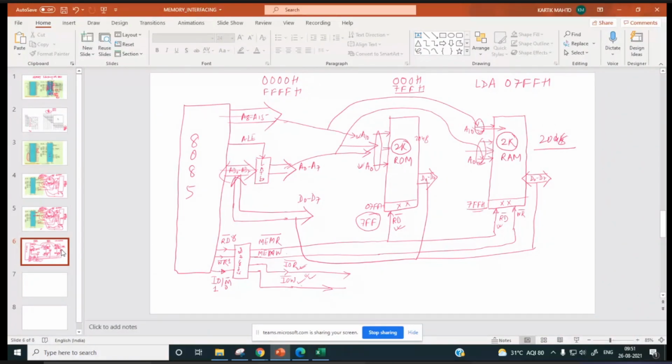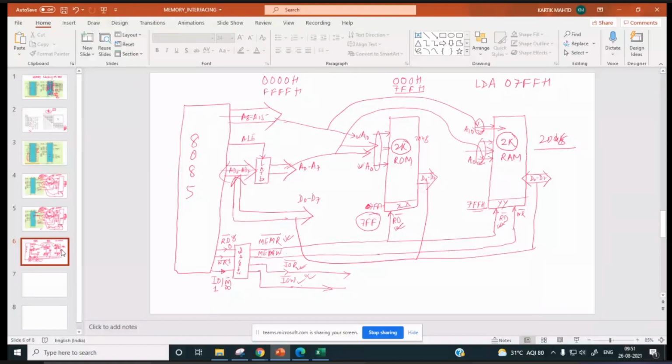Now, a processor wants to read the data from memory, so it will make read bar low and it will make IO bar low. So MEMR will be active and it will go to this chip and it will go to this chip. So from which location will data come out? Whether this XX will come out or whether this YY will come out.